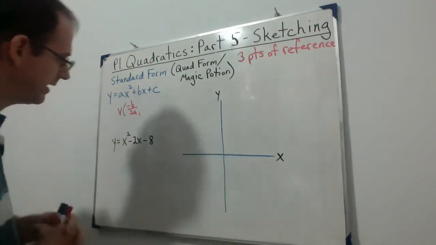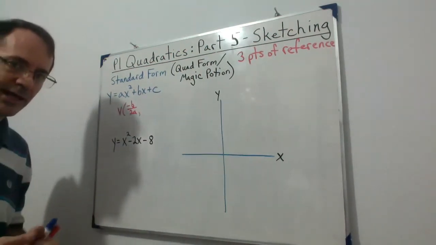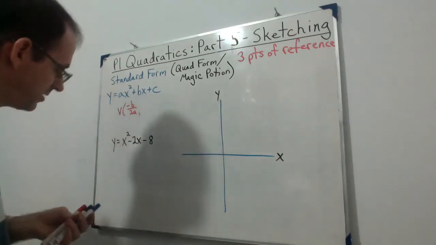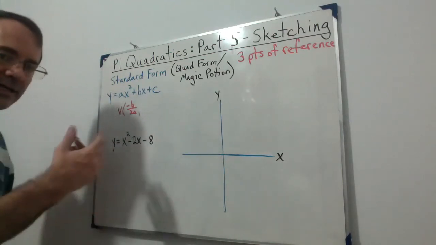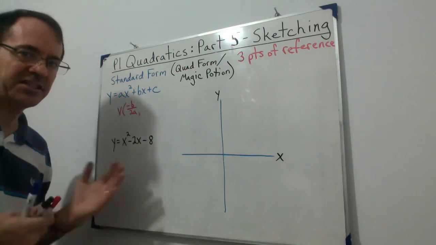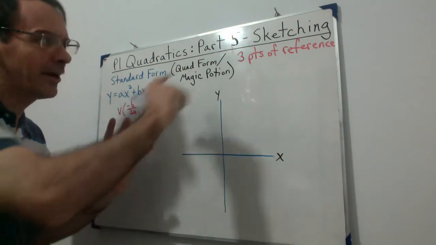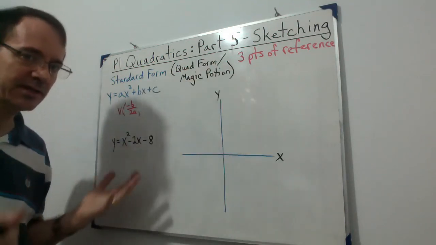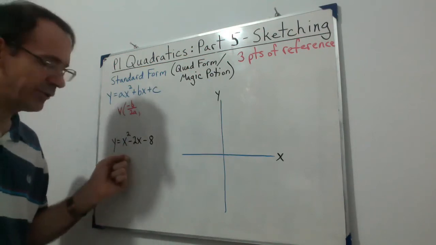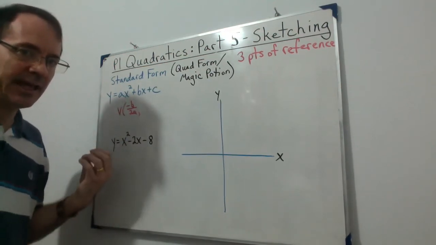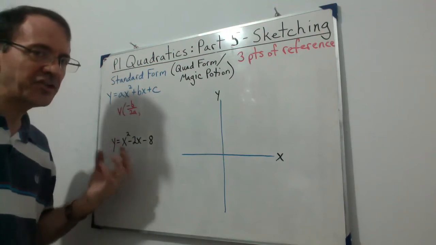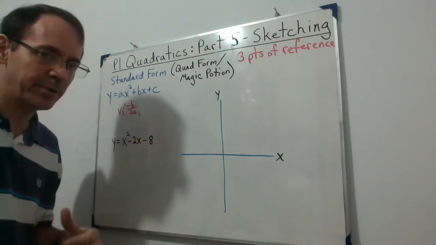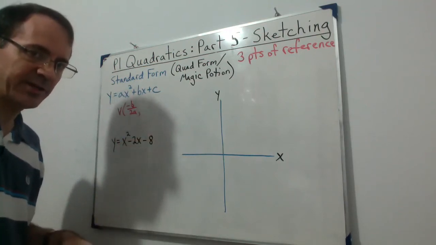So here again is an example of a quadratic that we might want to graph. Now, I kept the numbers simple for illustrating our 3 points of reference. You can get more complicated where you end up with fractions and things like that. It doesn't always come out with nice numbers, but you can use your calculator to help you.